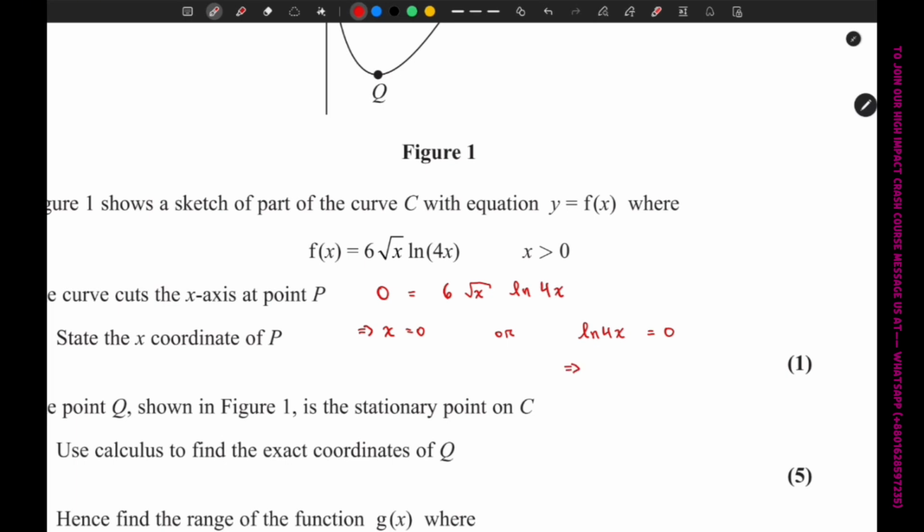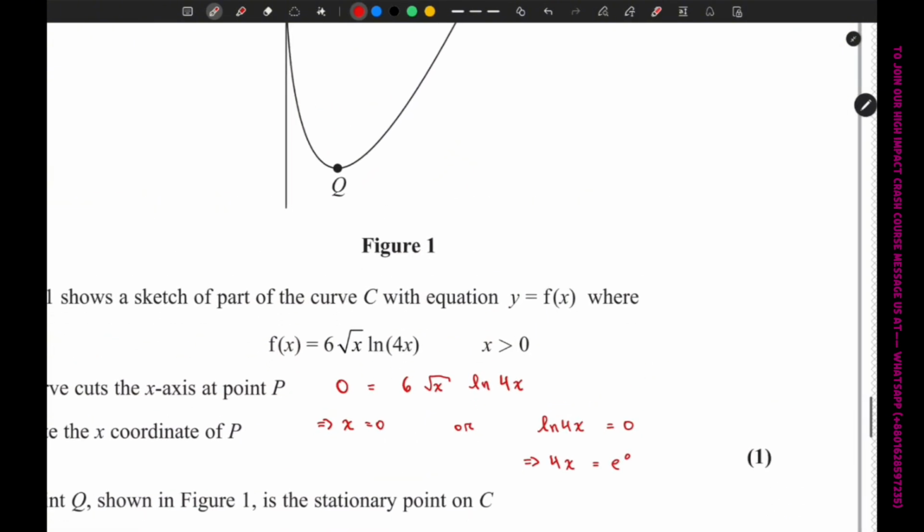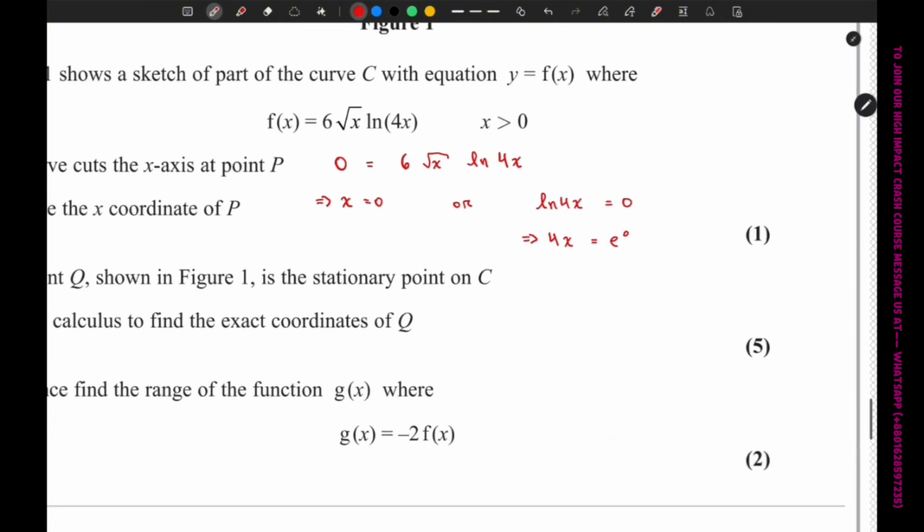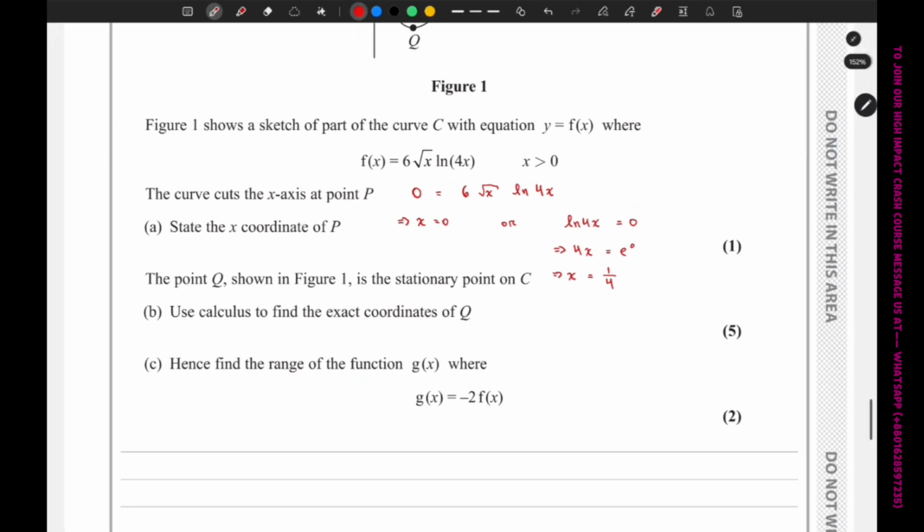Now if you bring ln to the right hand side of the equation, this becomes e to the power 0, because we know that ln is equal to log e. If you bring the base to the right hand side of the equation, this becomes e to the power 0. This is a formula. So the value of x is 1 over 4. So this is the x coordinate of P.